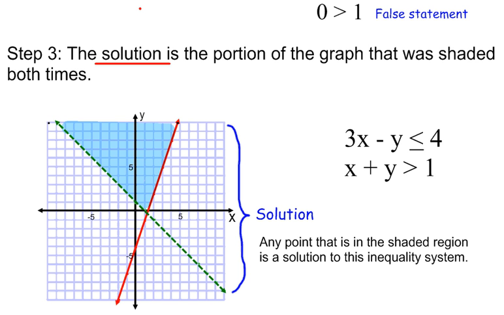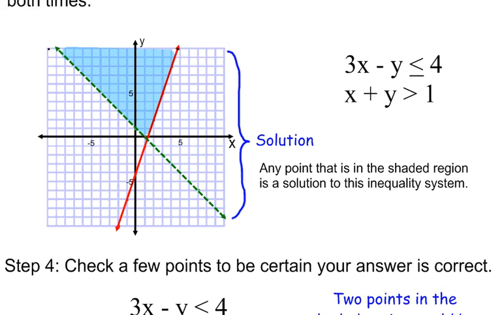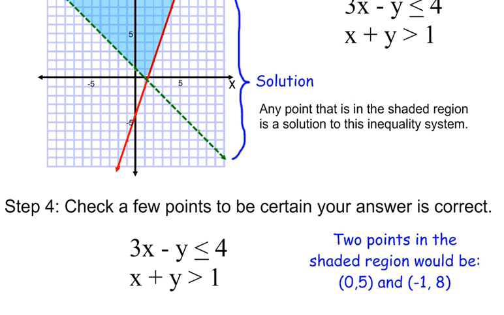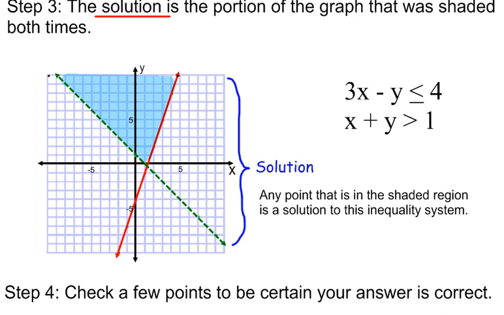Now, it's a good idea, again, to check myself. So I'm going to pick 2 points that were in that shaded part. Let's see, I've chosen 0, 5, and negative 1, 8. 0, 5 is right here, and negative 1, 8 is right here. Both clearly in that shaded region.